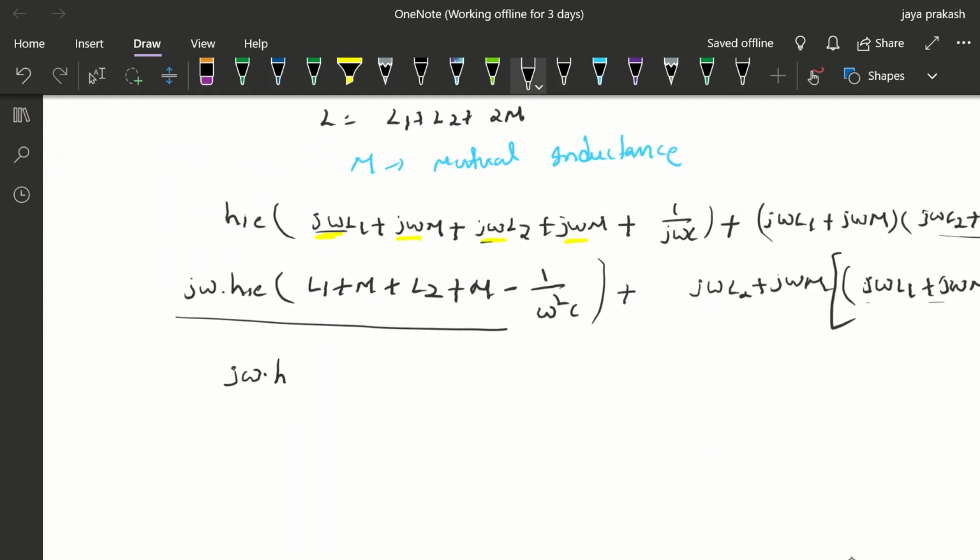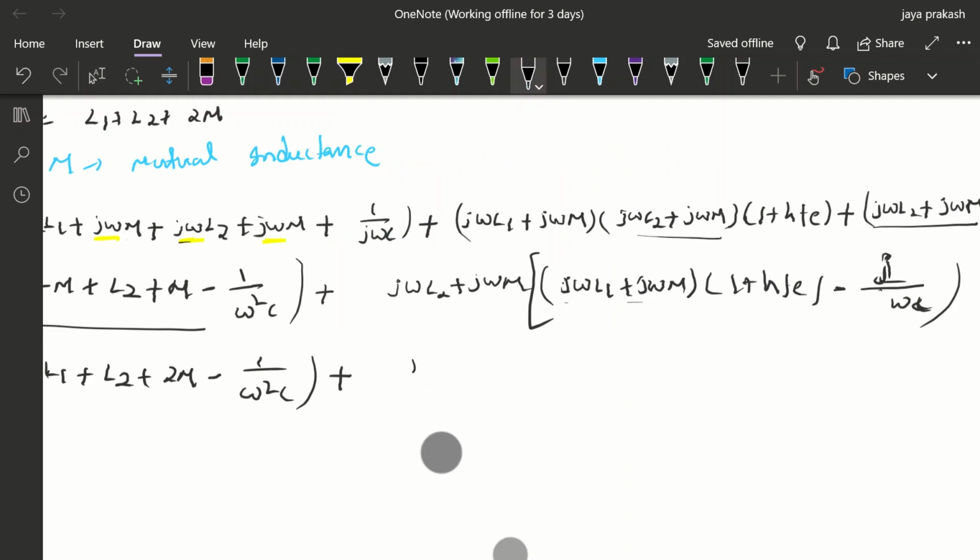j omega into HIE into L1 plus L2 plus 2m minus omega square c plus j, I have taken the common, and also I have taken common j from this one. j into j, it will become minus 1.